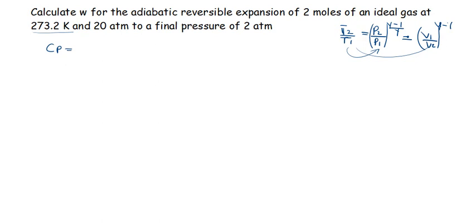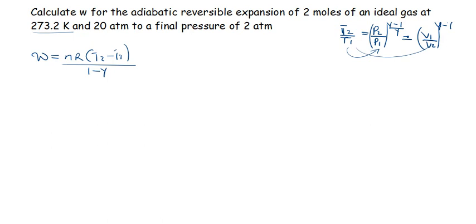So what I will do is calculate work for the adiabatic, and we need to know that work under adiabatic will be given as nRT times the change in temperature, which is T2 minus T1, over 1 minus gamma. So this is what we use. Now that we don't have T2, we need to find T2, so that we can use our formula well.